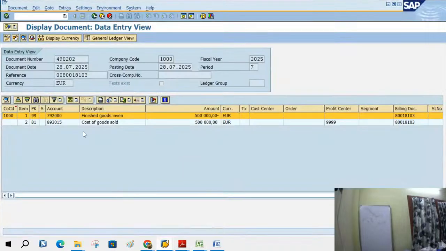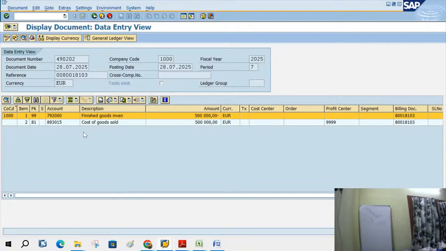Correct. So till post goods issue, how many GL accounts have you created? Till post goods issue in the AR cycle, how many GL accounts does the FI consultant Tabitha have to give you? Post goods issue stage 2, and stock posting stage 2.